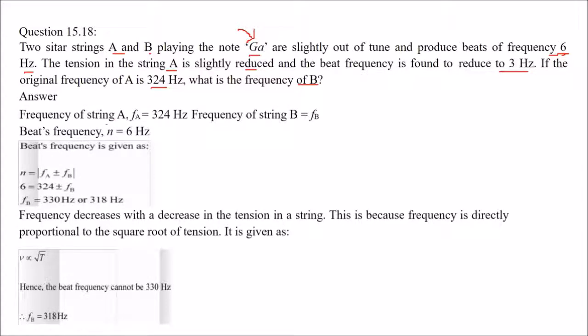Here, the frequency of string A, FA, is 324 Hertz. The frequency of string B, we don't know, we have to find it. But the beat frequency is given as 6 Hertz. Beat frequency is given by n equal to FA plus minus FB, where n is 6. FA is known to us, 324, plus minus FB.